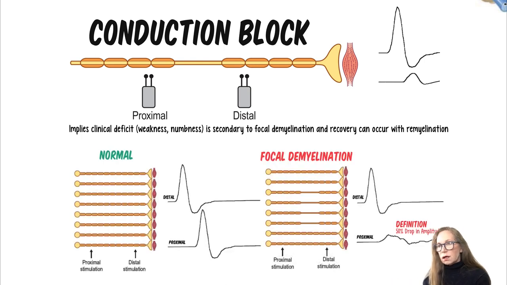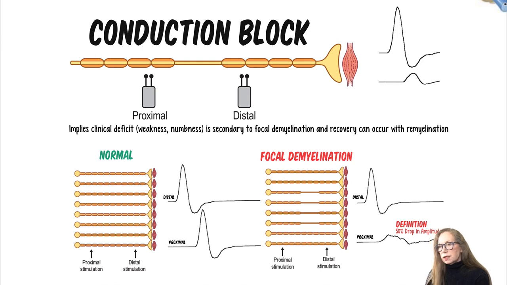So here's a nice cartoon that you can see that there are a number of axons in normals, on the normal side on the left, well myelinated, and you are doing the stimulation proximal and distal along the length of the nerve to see if there is an area of block. And on the right cartoon, there are 8 axons, and 4 of them are completely demyelinated.